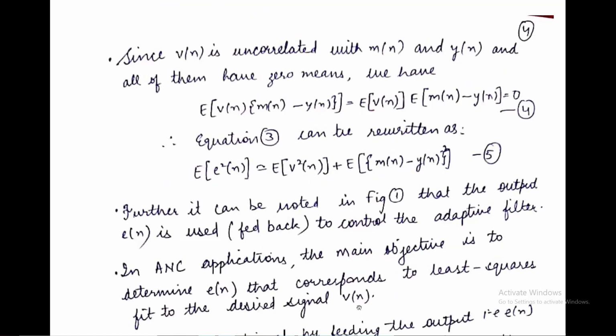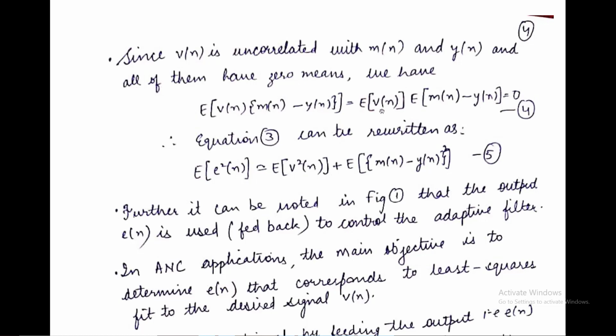Now, as we know, Vn is uncorrelated with Mn and Yn, and all of them have zero mean. So we can write equation number 4: expectation of Vn into (Mn minus Yn), and we can separate these two because they are uncorrelated.